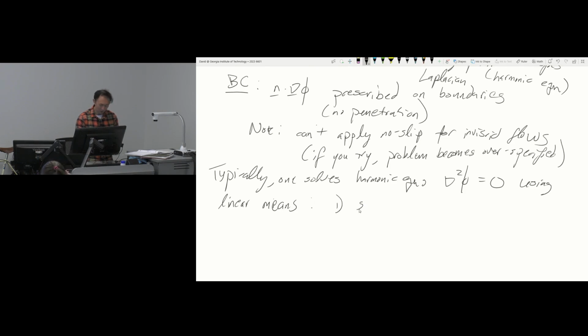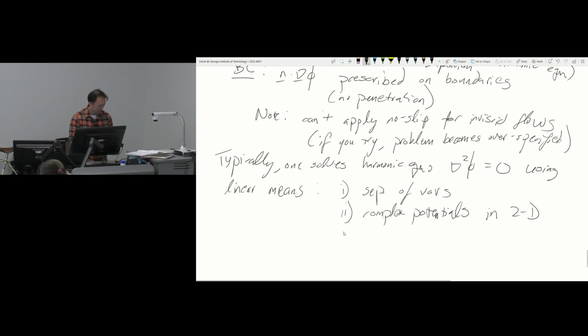So for example, one is separation of variables. If you remember from the homework, when it was a homogeneous PDE, you could use separation of variables. Complex potentials, those are for 2D flows, okay?